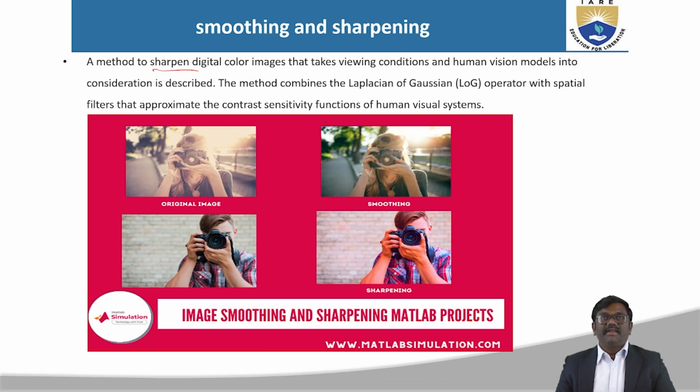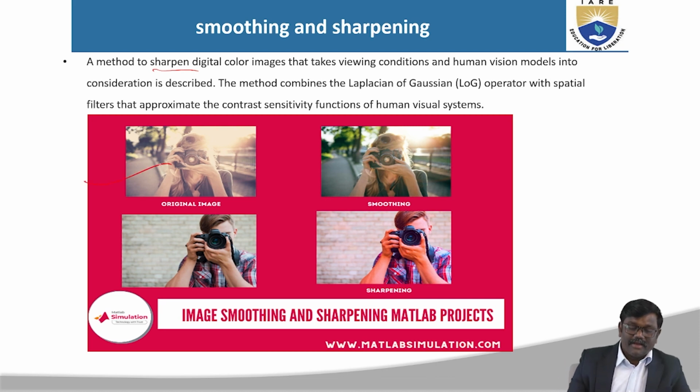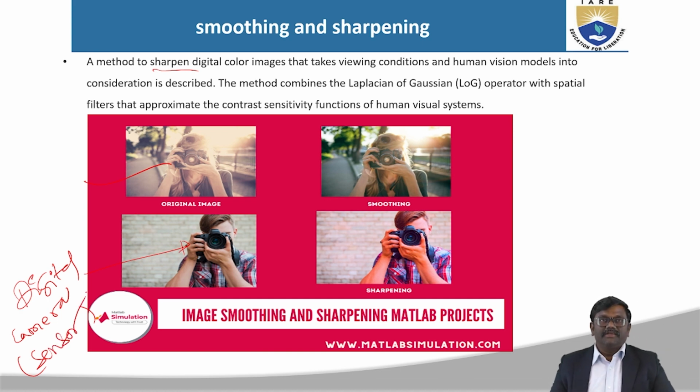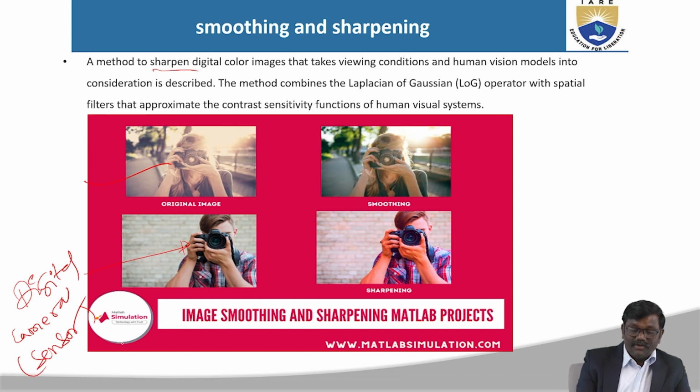What you should understand here is that it is based on your selected sensor, your selected digital camera. Such a digital camera sensor is used to make image smoothing and sharpening based on the project which we fulfilled here.